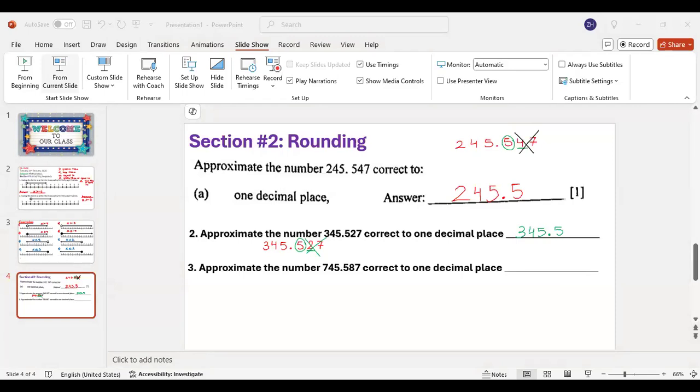Put your answer inside the chat for me, please. Do y'all think y'all get this right? What do y'all have for this one? 745.6. Yeah, I get the same thing.